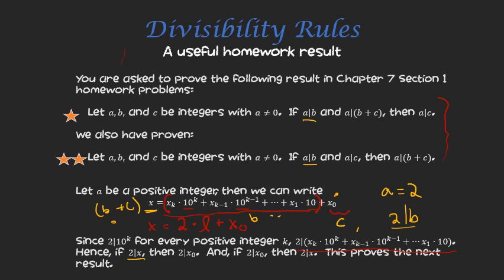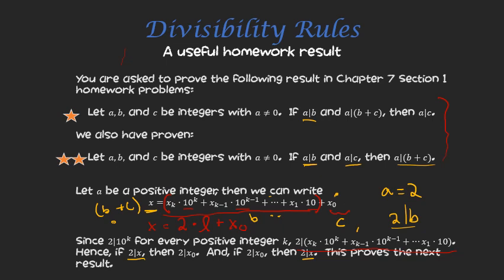That is, if 2 divides x, then 2 divides x naught, because we know this one is divisible by 2. And we can go the other way with this. If x naught is divisible by 2, that's c, and 2 divides b, then we can conclude that 2 divides b plus c, or x.